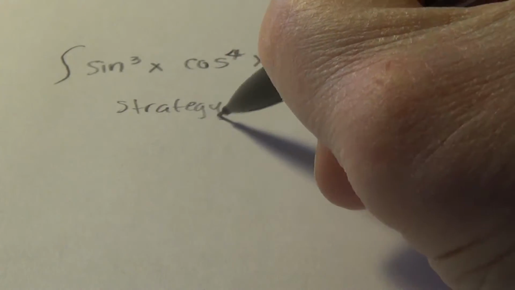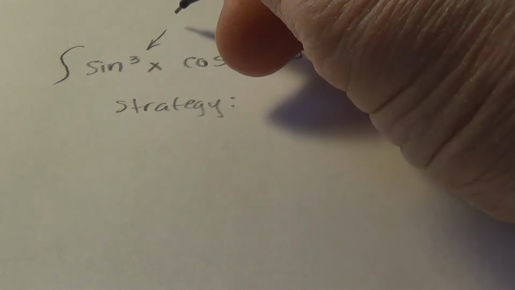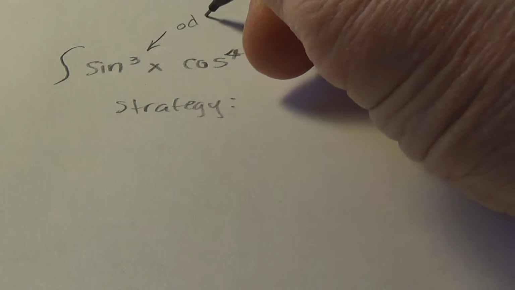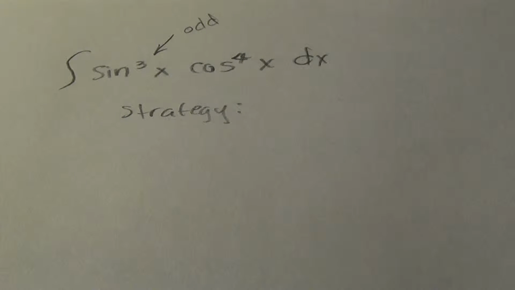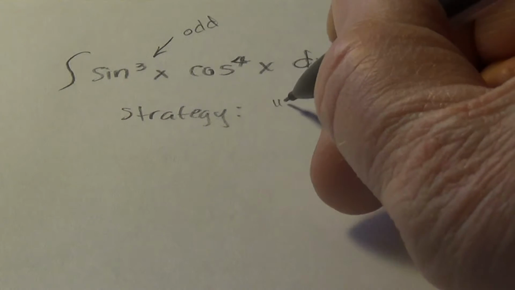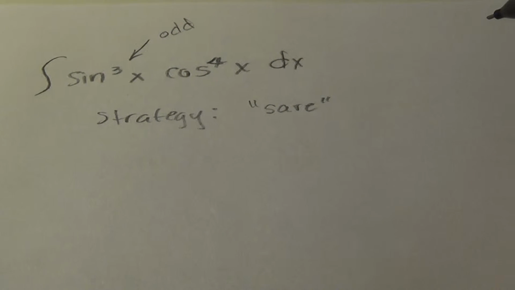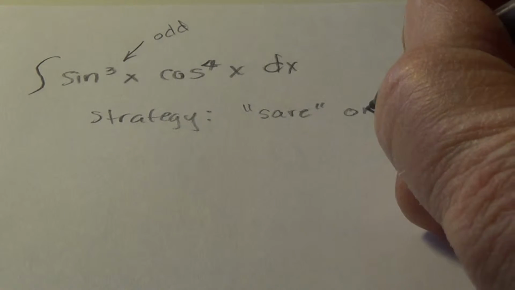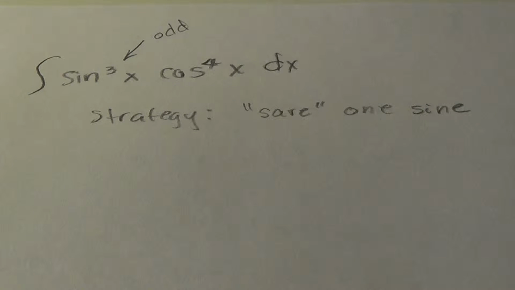The strategy for these kind, when you have this, especially this degree 3 or even other odd numbers, works well with this strategy. I want you to save, and I'll describe better what the word save means. Save one sine and change the rest. And why are we saving the one sine?